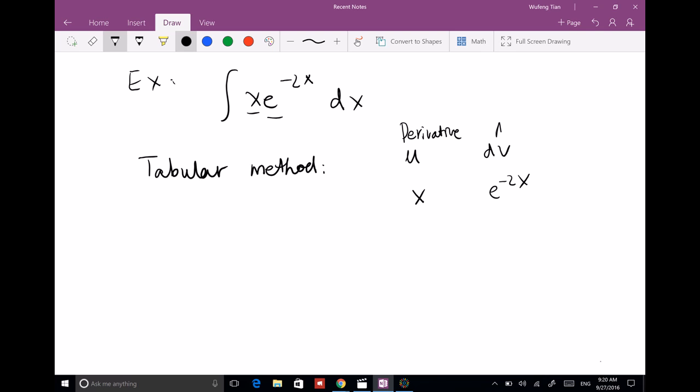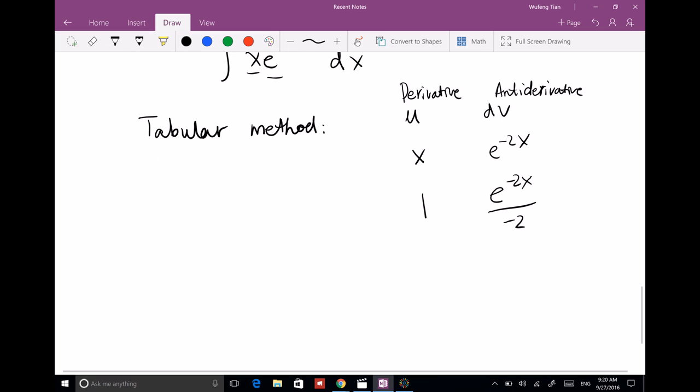For dv, you do the antiderivative. So the derivative of x equals, what is the derivative of x? Anyone? Okay, 1. Very good, thank you. What's the antiderivative of e to negative 2x? E to negative 2x over negative 2. Thank you, Taylor. Very good.